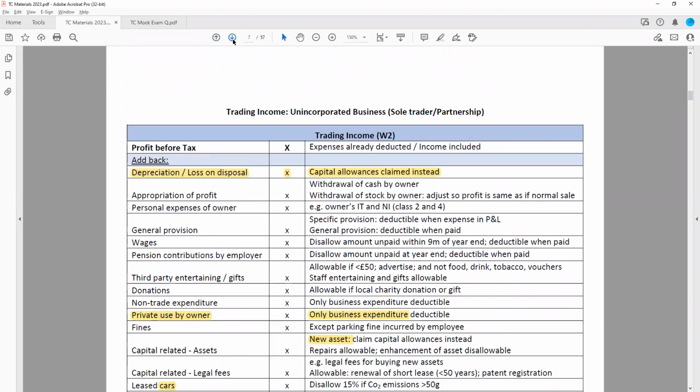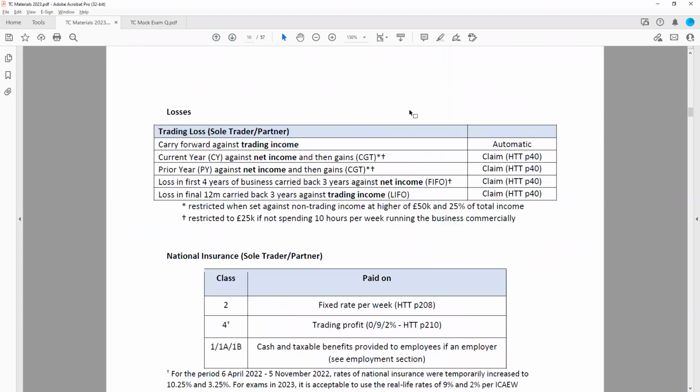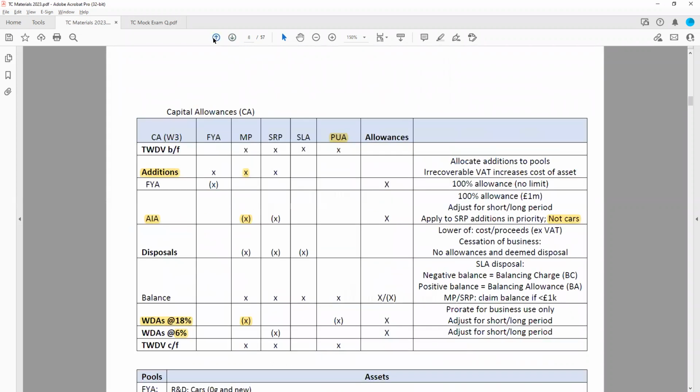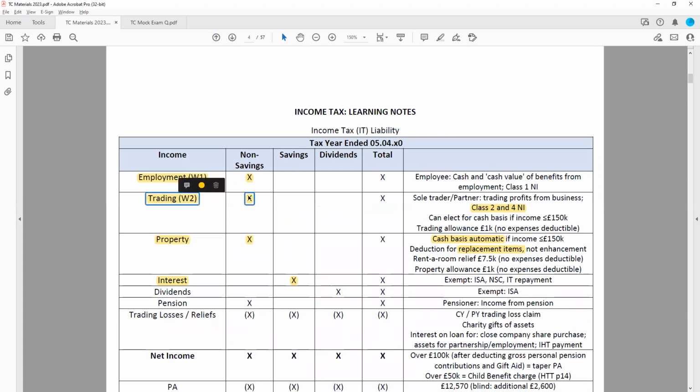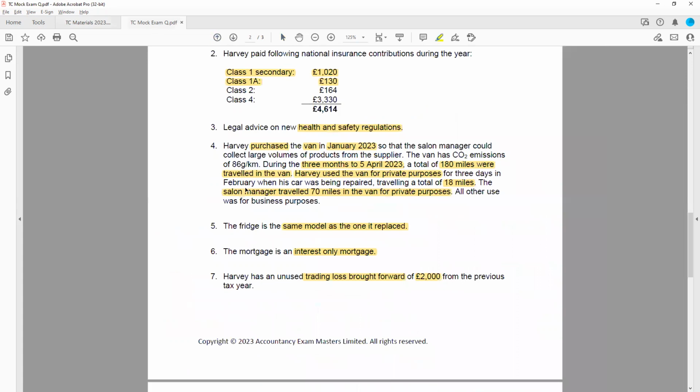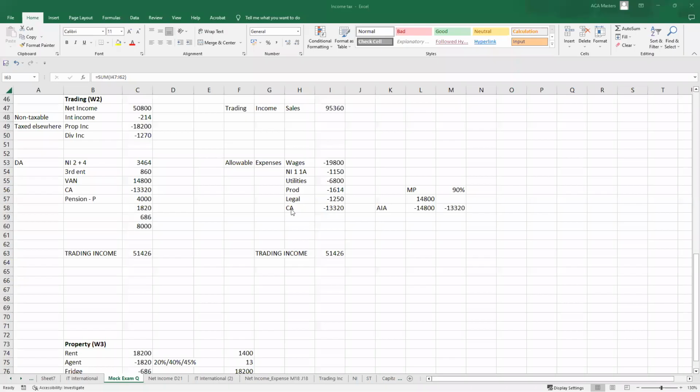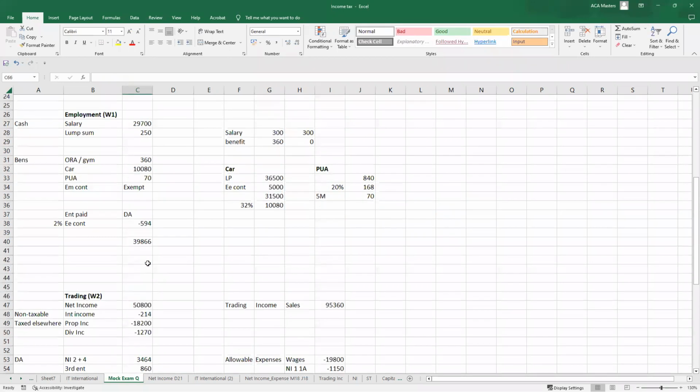And of course, as we covered in the trading losses class, we know a trading loss will be carried forward against trading income unless there had been a claim to use it in the current year, or possibly carry it back as well. But we're told he carried the loss forward, and therefore it would be offset against trading income. So we could show that being offset there against the trading income, however we've calculated it.